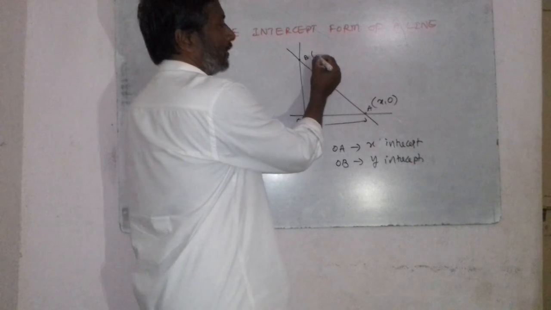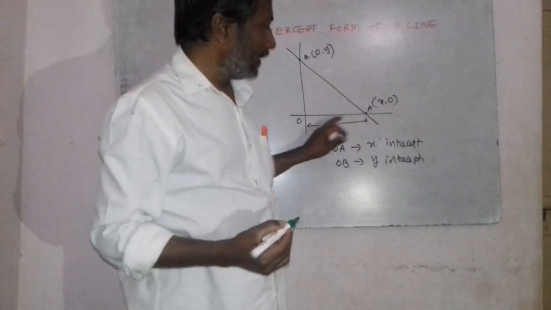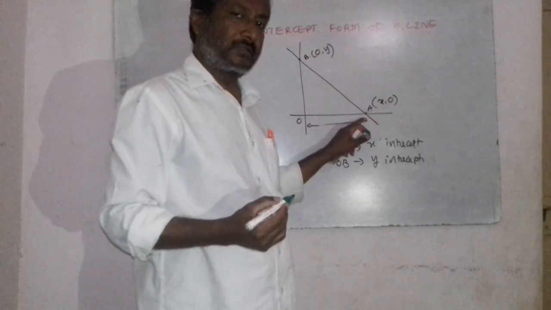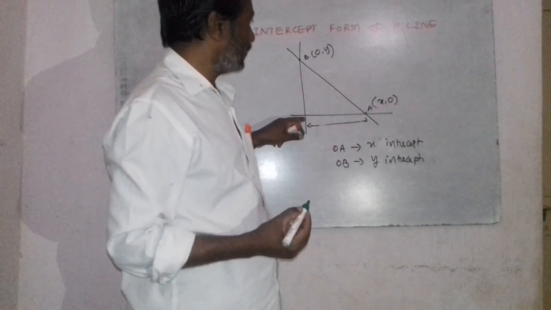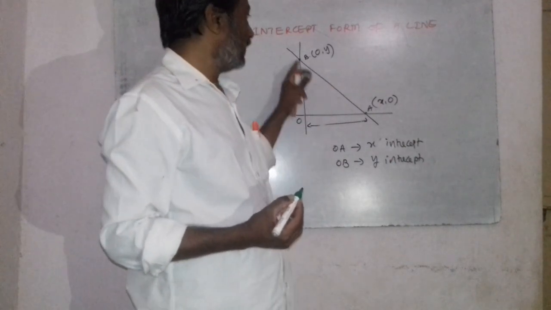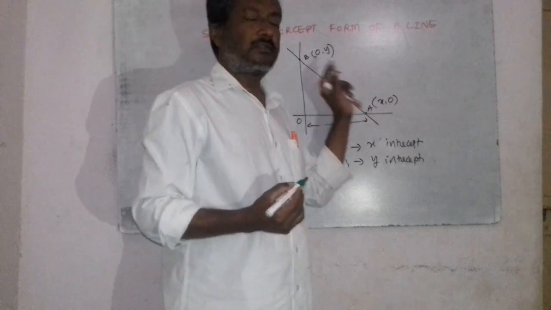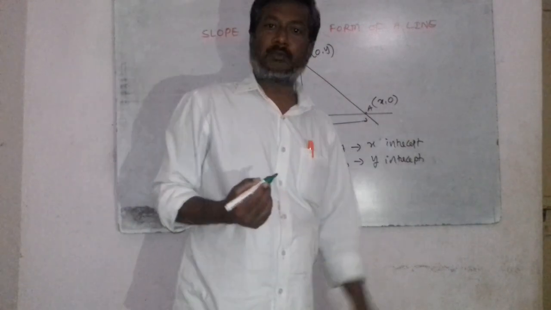Coordinates of B are 0 comma y. So there is x distance, there is no y distance here, therefore y is 0. For x equal to 0, the point is 0 comma y, and the other point is x comma 0.